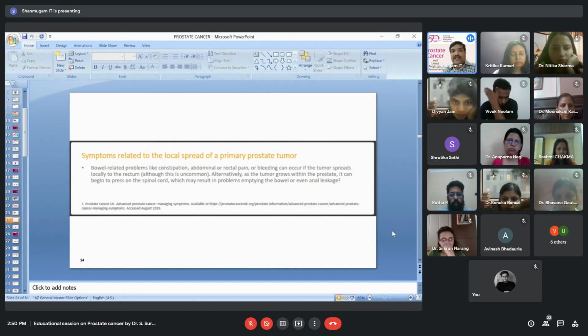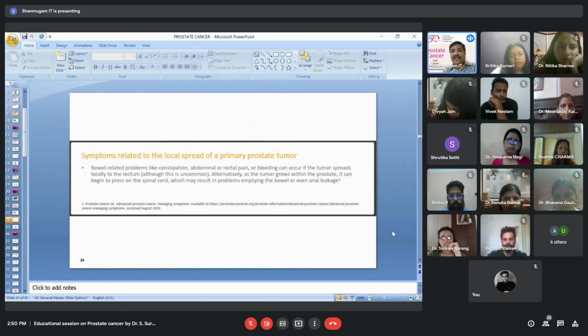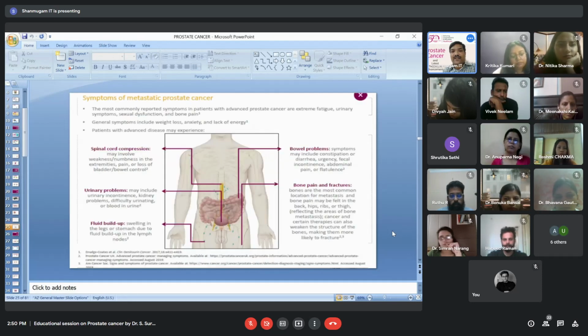When there is local spread, extending to the rectum, there can be bowel-related problems like constipation, abdominal or rectal pain, or bleeding. Again, if the tumor has gone into the prostate and then extended to other parts, it can begin to compress on the spinal cord, which can result in paralysis, difficulty in emptying the bowel, or even anal leakage. So these are the local signs, and these are the symptoms of metastatic prostate cancer. It depends on the site of involvement.